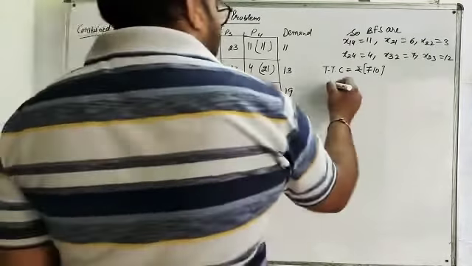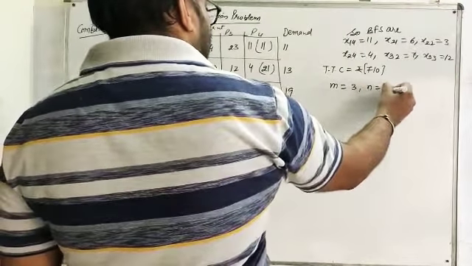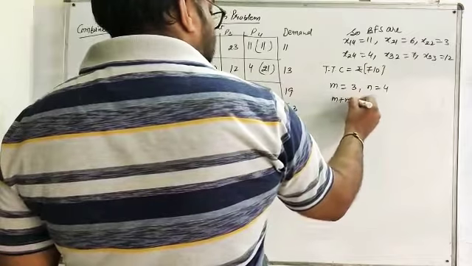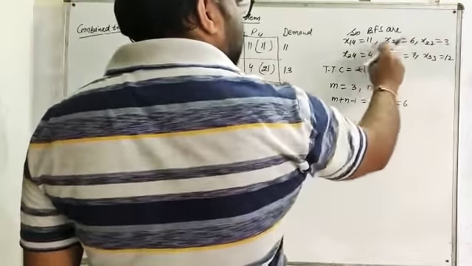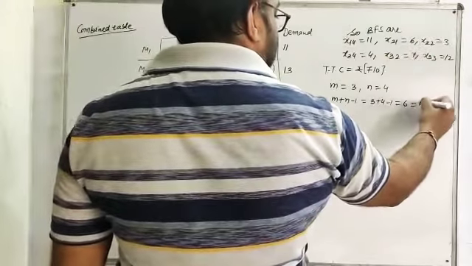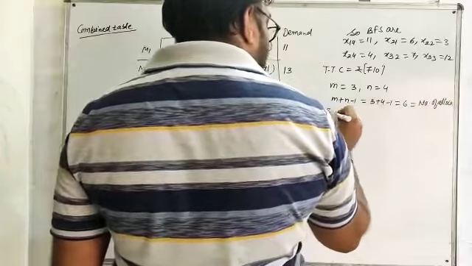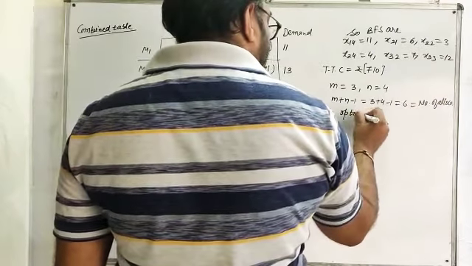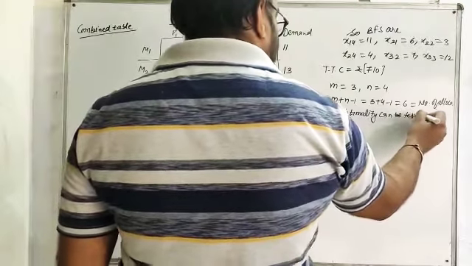So here M is equals to 3 and N is equals to 4. So M plus N minus 1 is equals to 3 plus 4 minus 1, which is equals to 6. And all the allocations is equals to also 6, so number of allocation is 6. So optimality can be tested.